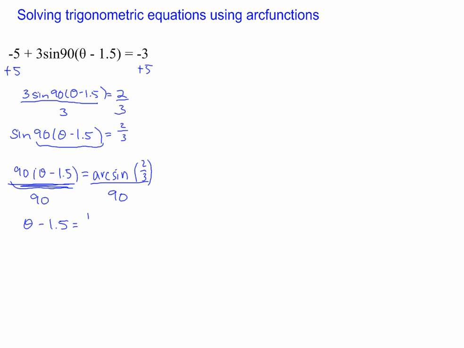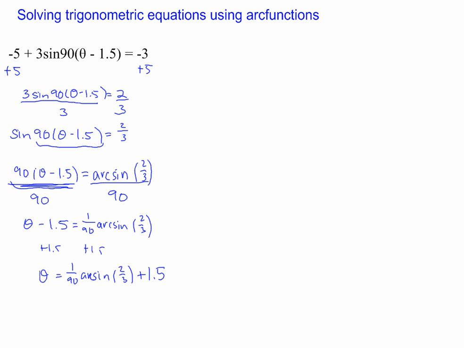So I'm going to write this instead as 1/90th arcsine 2/3, because multiplying by 1/90th is the same thing as dividing by 90. And then all I have to do is add 1.5. That's easy. Plus 1.5. And I get theta is equal to 1/90th arcsine 2/3 plus 1.5.